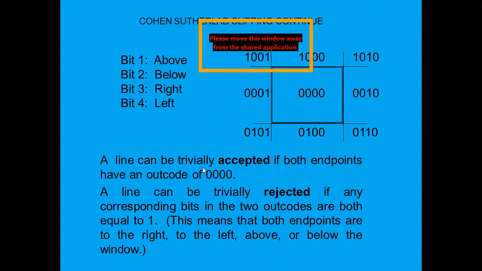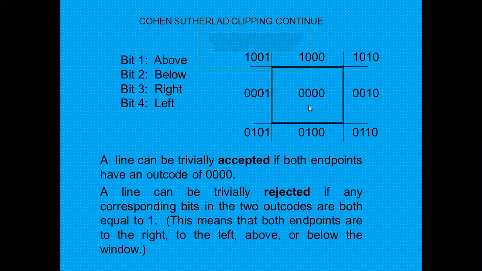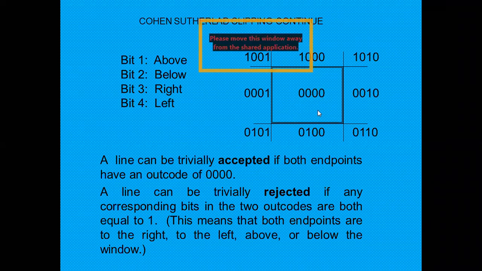So a line can be trivially accepted if both endpoints have an output of 0, 0, 0, 0. If the output for a particular line is 0, 0, 0, 0, then we can say it is trivially accepted, and that portion will be completely visible, lying inside the window.